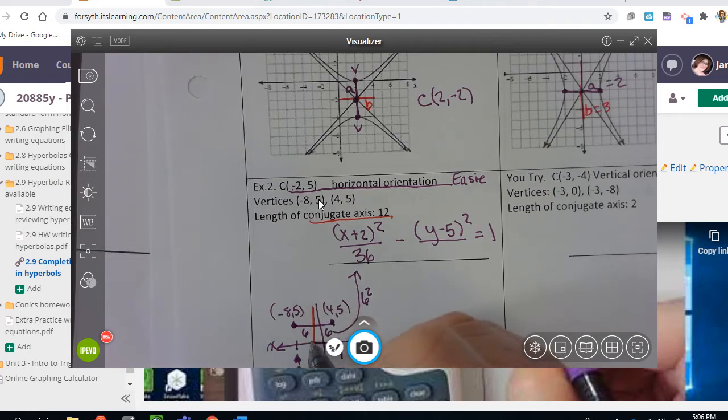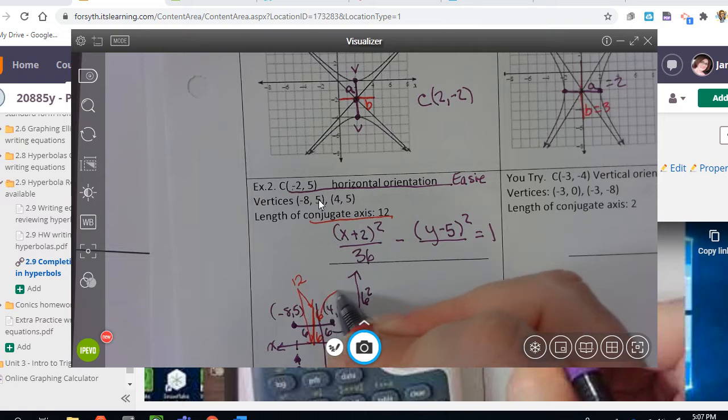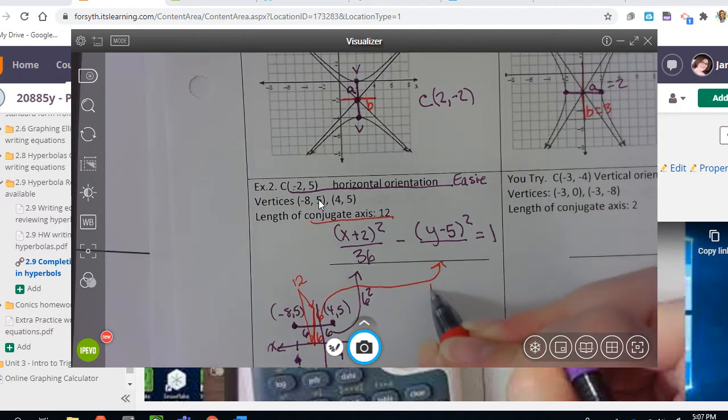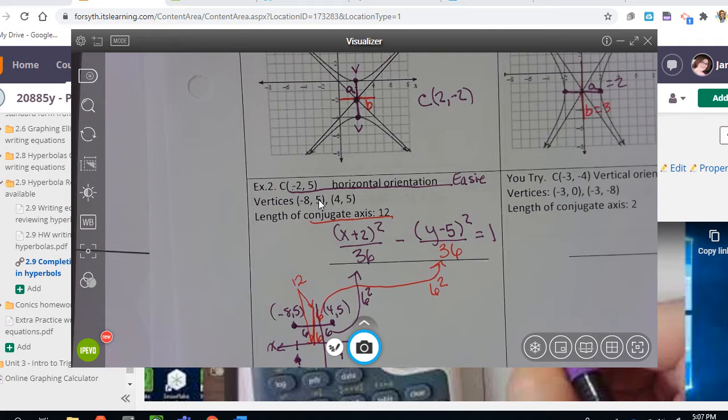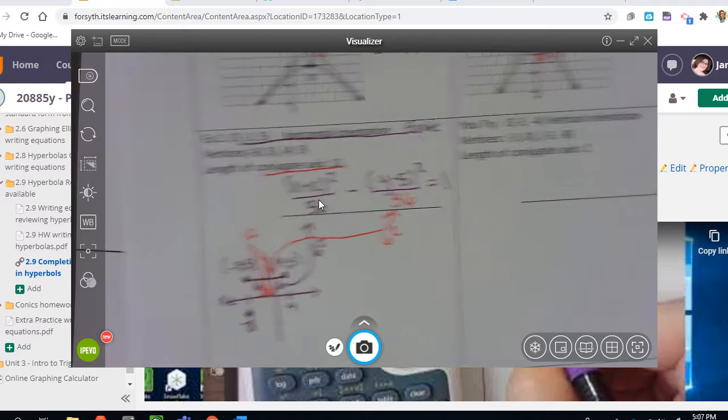So if this length is 12 from this end to this end, then that means half of it is 6. Oh, wait a minute. Each side is 6. So that means over here we're going to take 6 and square it and get 36 again. It does not always match. Okay? All right, so there's that problem.